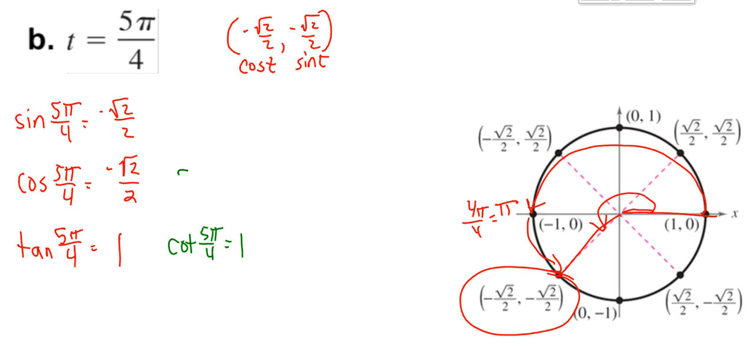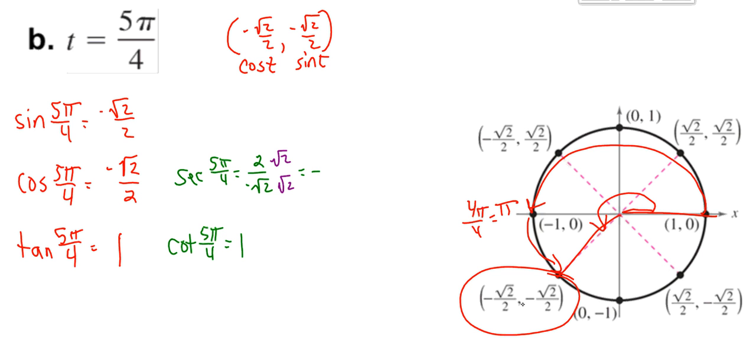Secant of 5 pi over 4. I have to do that work. That's going to take 2 over negative square root of 2. And think about it, maybe you know what that's going to be. I'm going to multiply by square root of 2 over square root of 2. Notice I put my negative in the bottom, but in the end, I'm going to write it out in the middle.